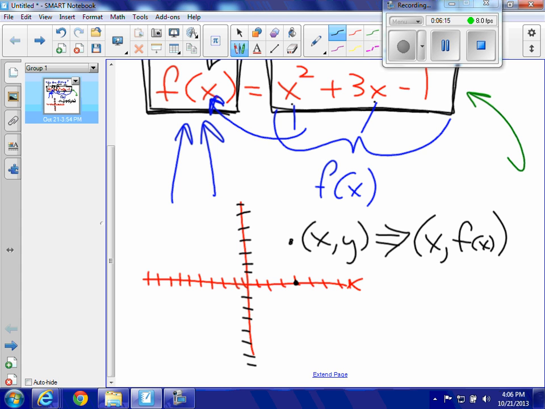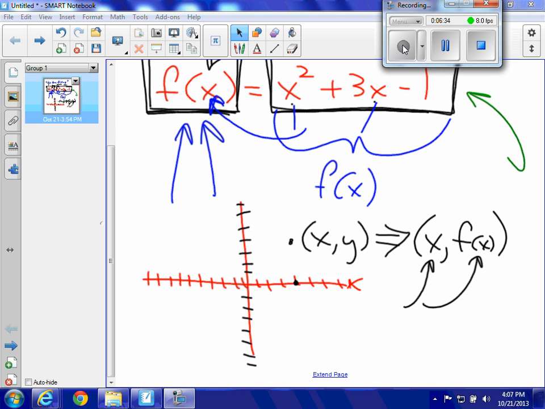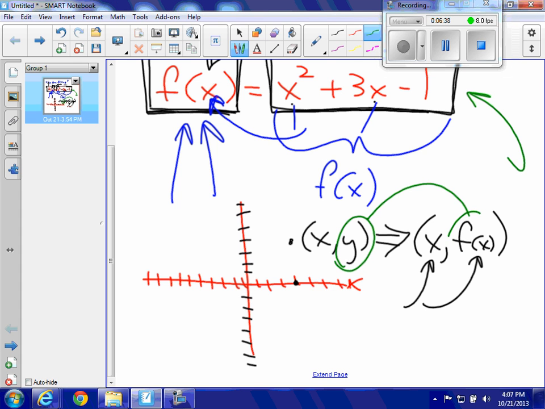I take the function, I evaluate it for a particular x, and I get the answer f of x. Once I get the answer f of x, I can then plot it as an ordered pair on a two-dimensional surface as the point x, y. This is why we say y and f of x are the same thing.